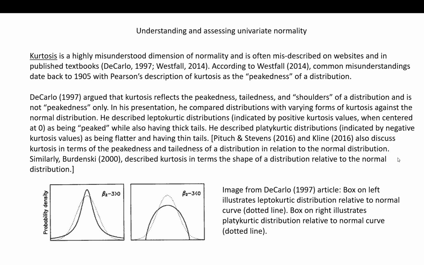If you notice in the depiction from his article, the dotted line in the box on the left represents a normal curve. The same goes for the box on the right, but the box on the left has a peak right here, and the tails are also thicker in relation to the normal curve. Whereas with respect to the platykurtic distribution, you can see that it's more flat with thinner tails.